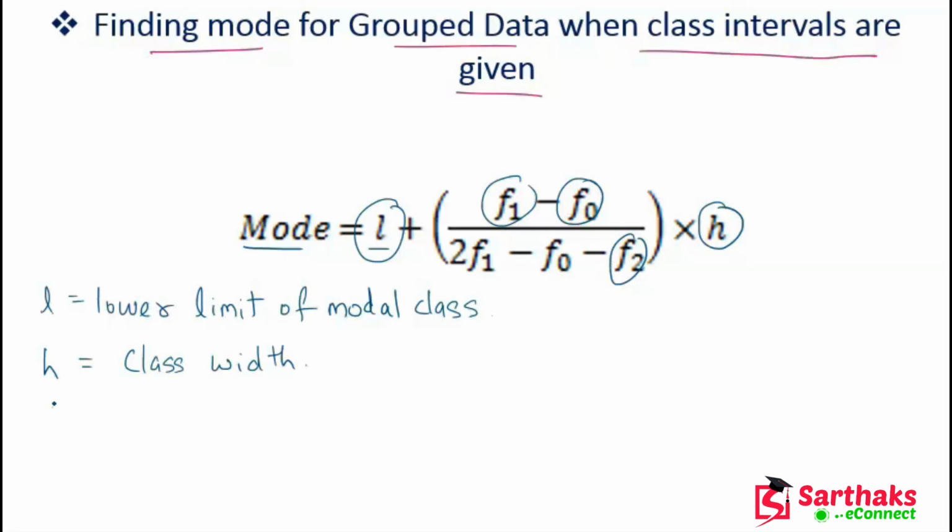Okay. Now what is F1? F1 is the frequency of the model class. Okay. And F0 is the frequency of the class preceding the model class. Frequency of that class which is preceding the model class.